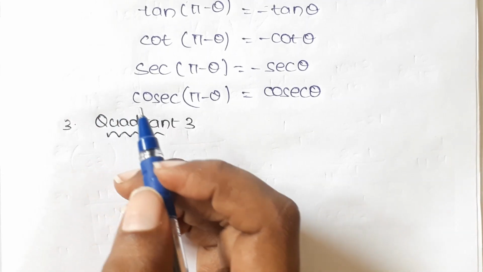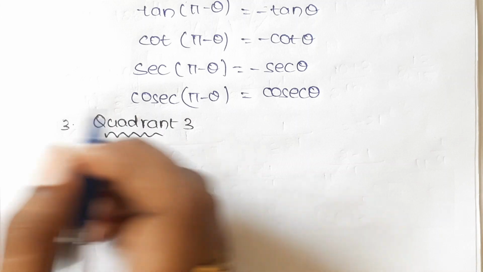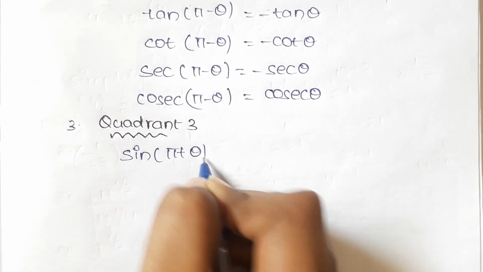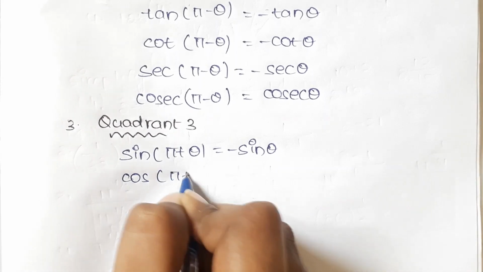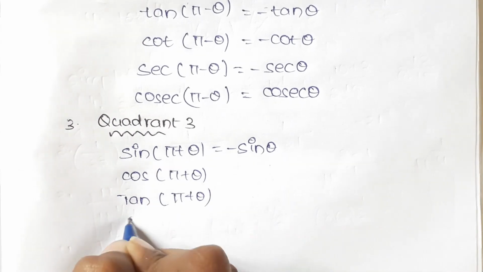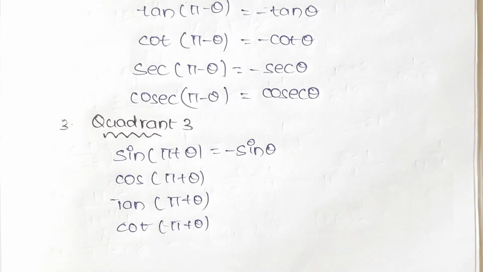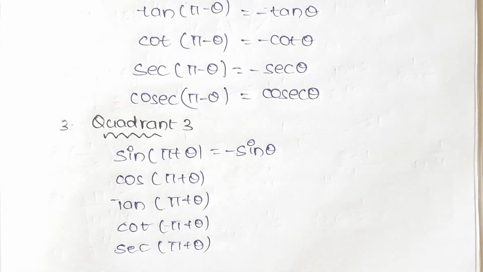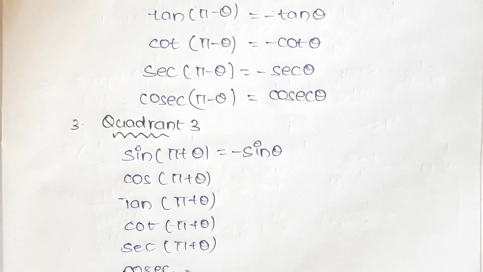Here for the third quadrant we already know that tan and cot are positive and the other ratios are negative, that is, sin(pi plus theta) is minus sin theta. Similarly cos, tan, cot, secant and cosecant of pi plus theta.